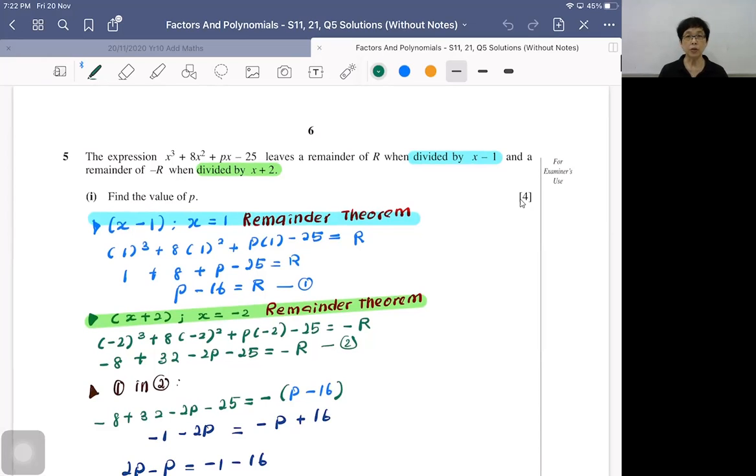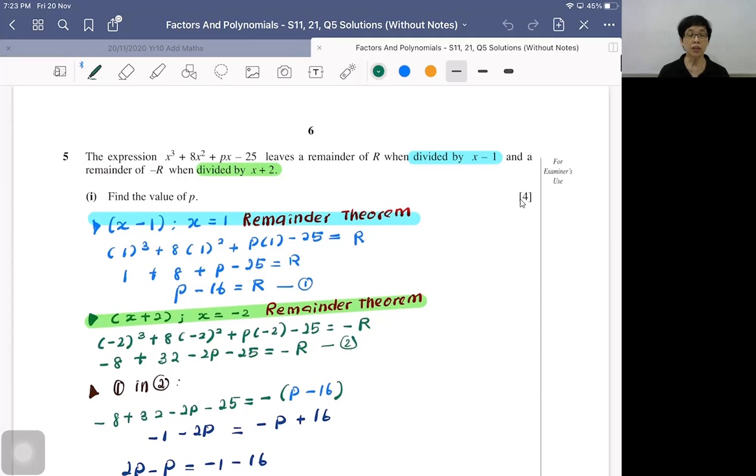Before we proceed to solving this question, let's take a quick review of the key ideas involved in this topic. We only have two main things to focus on: the factor theorem and the remainder theorem.